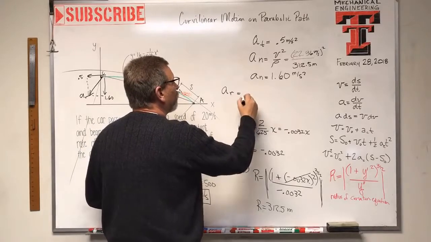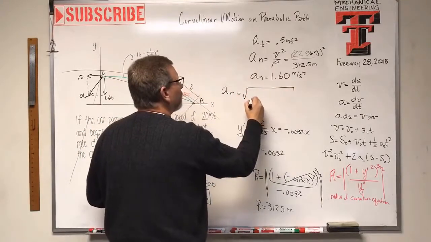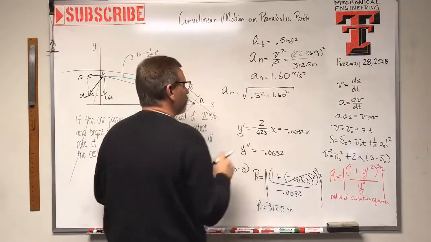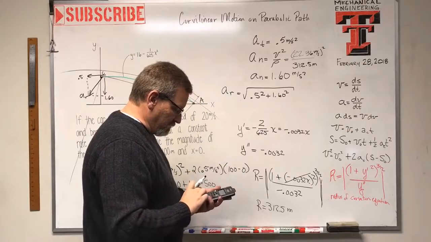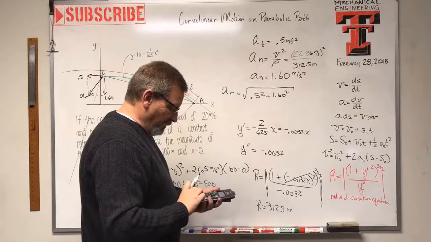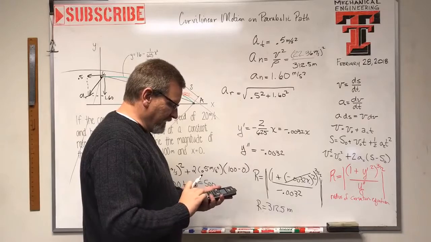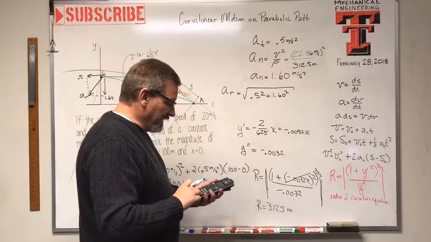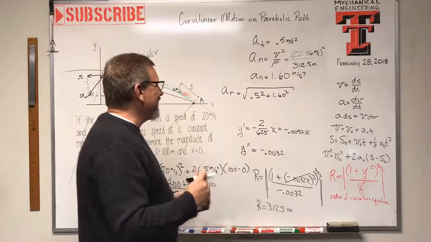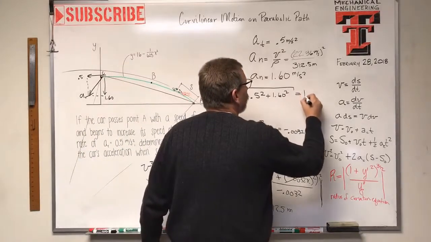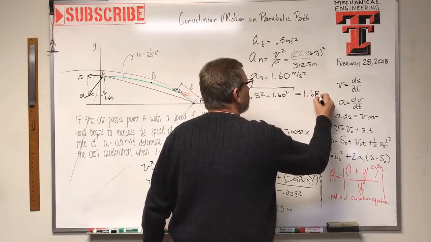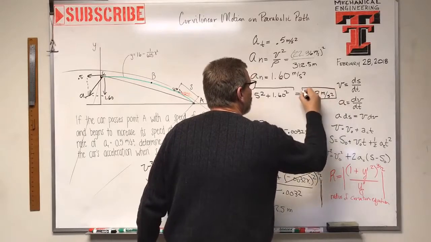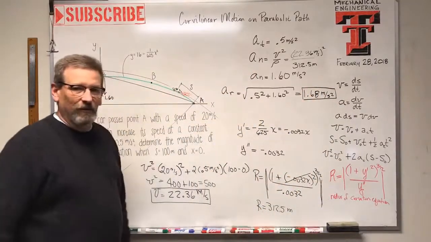Remember it's the square root of the squares, Pythagorean theorem. The square root of 0.5 squared plus 1.60 squared equals 1.68. 1.68 meters per second squared. That is the magnitude of the resultant acceleration.